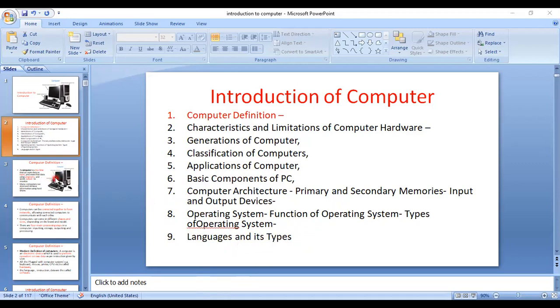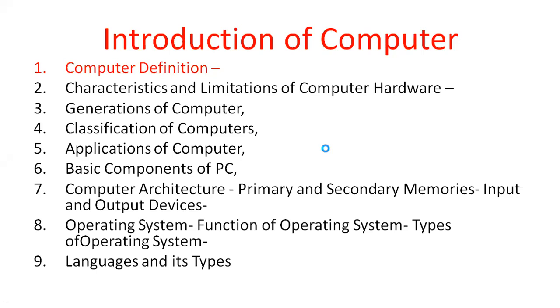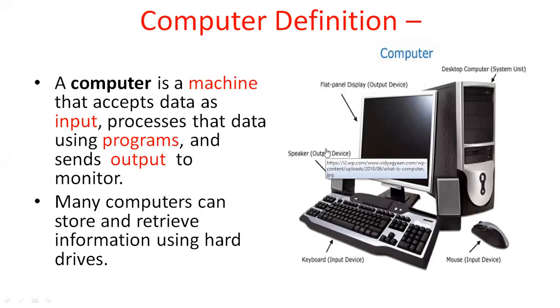The first one, the basic one, is the computer. What is a computer? How can you represent the computer? The computer is a machine that accepts data as input and then processes data using some programs.